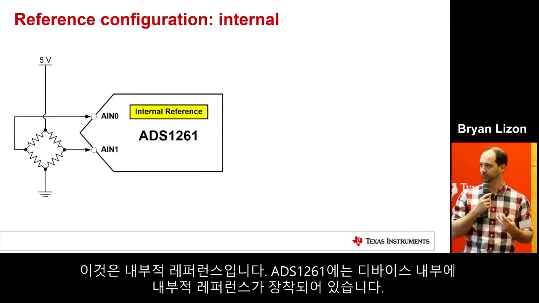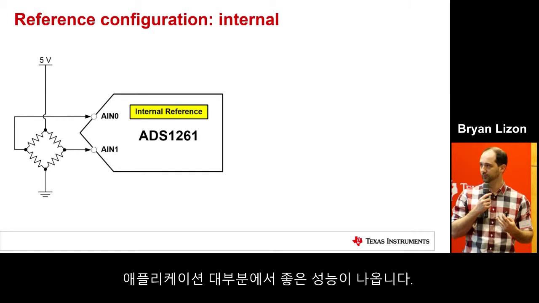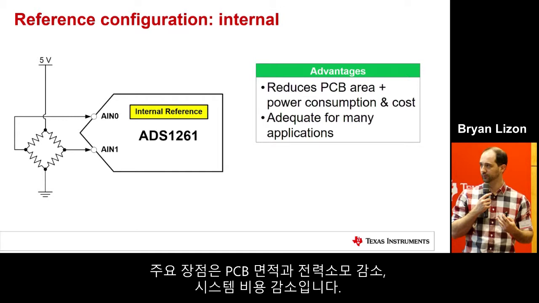So this is just showing an internal reference. The ADS1261 actually includes an internal reference inside the device. It's about a 10 ppm per degree C max reference, so it is pretty good. It offers good performance for most applications. The main advantage here is that it obviously reduces your PCB area, it reduces the amount of power consumed, and it reduces the cost of your system.